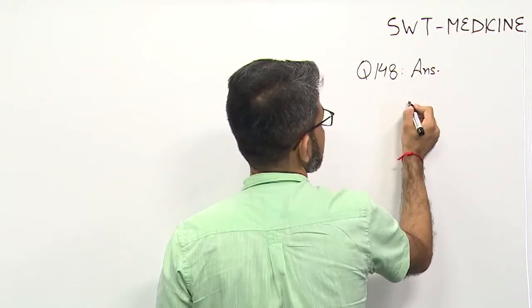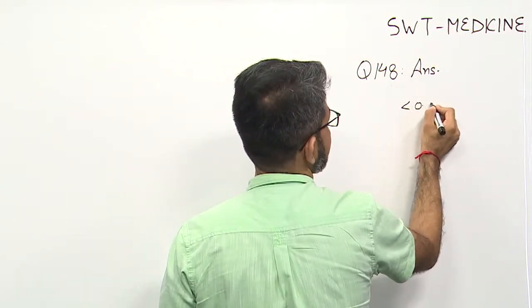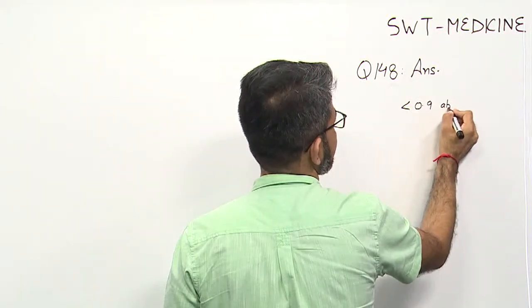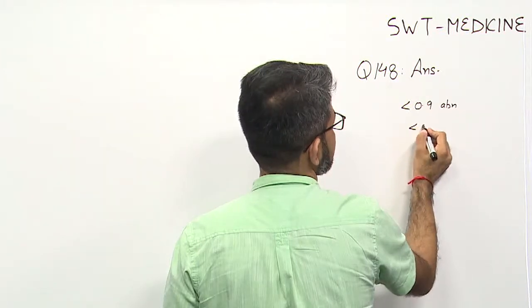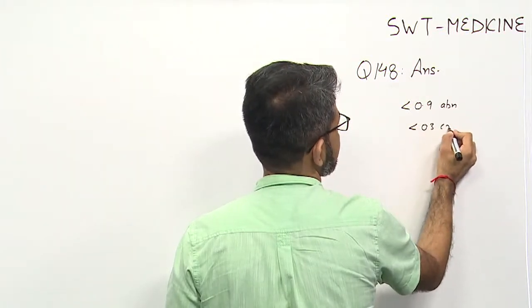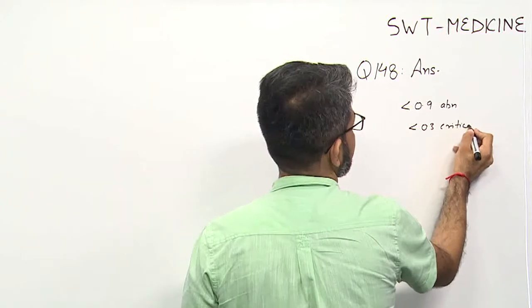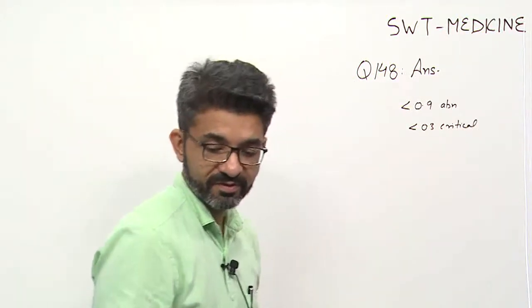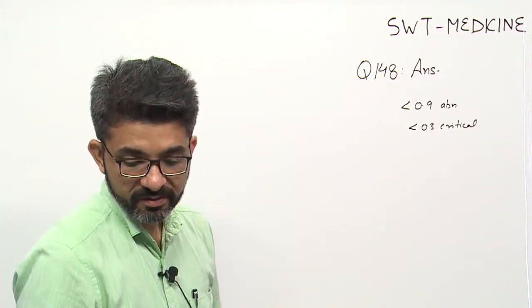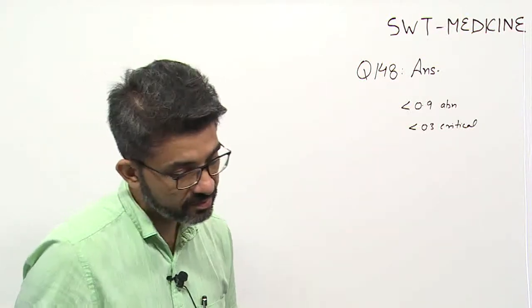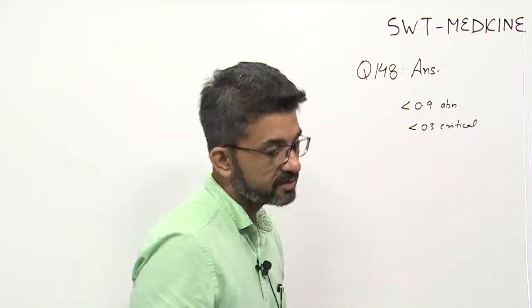So anything which is less than 0.9 is abnormal, and anything less than 0.3 is critical. So the answer for question number 148 is C.